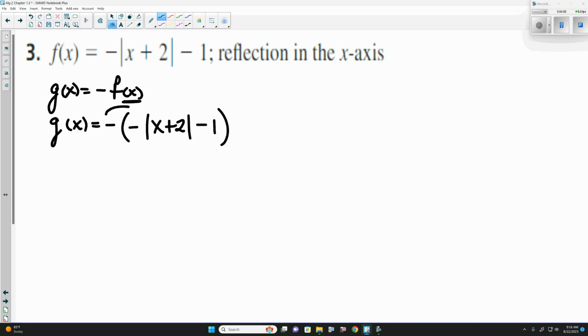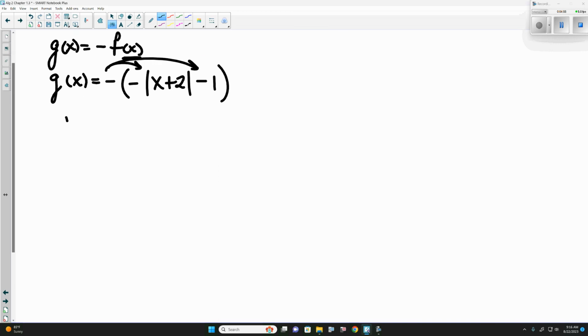We need to distribute the negative to both terms. Now again, like we said yesterday, that negative will not go inside the absolute values, but it will multiply out front. So our negative times our negative would be a positive. So we just have the positive absolute value of x plus 2, or we just say absolute value of x plus 2.